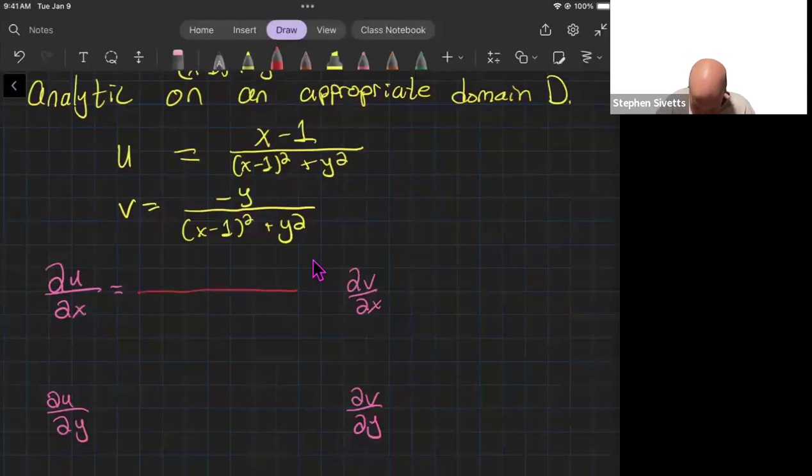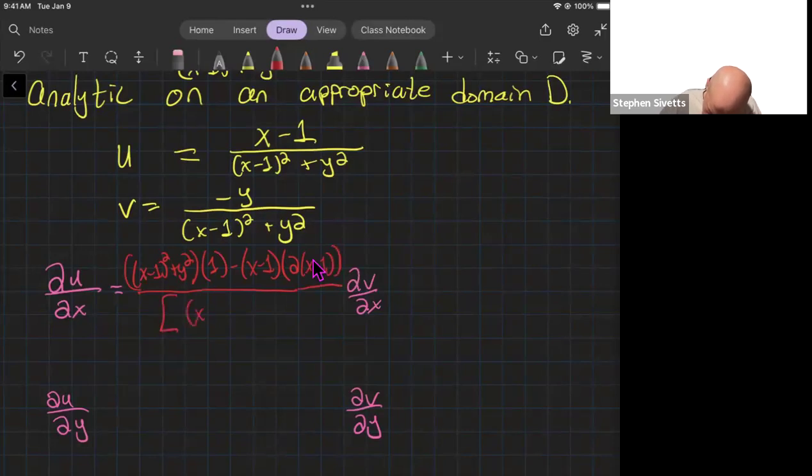So we'll have low times d high. Partial of u with respect to x is 1 times x minus 1 squared plus y squared, minus high, x minus 1, times the derivative of the low function, which is 2 times x minus 1, divided by the low function squared, so x minus 1 squared plus y squared, all squared.